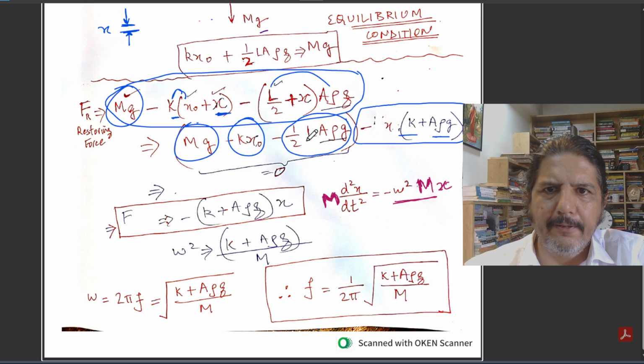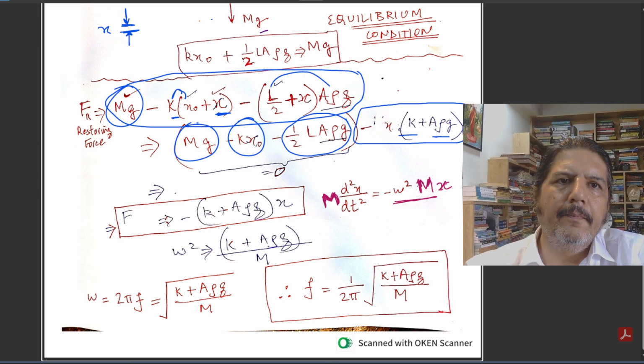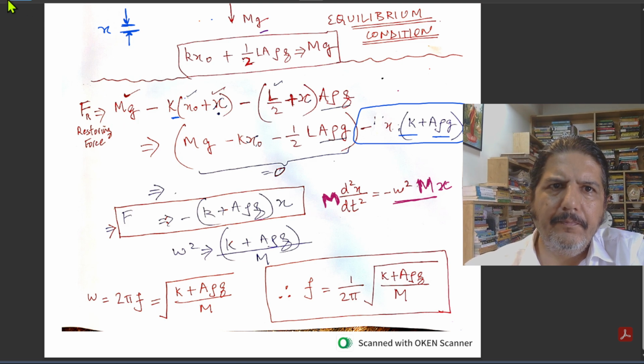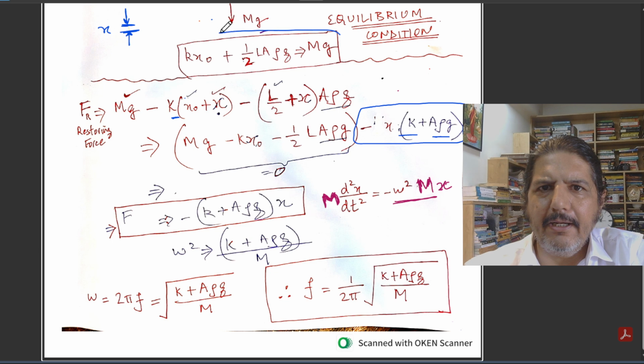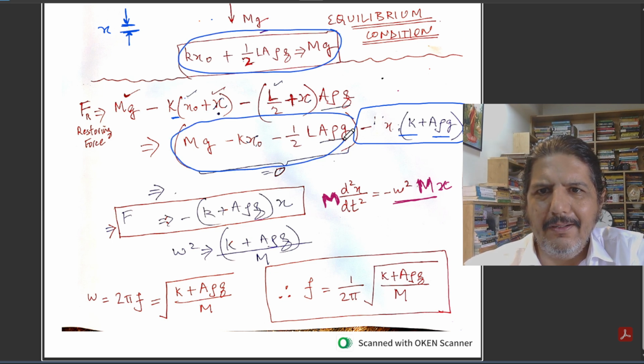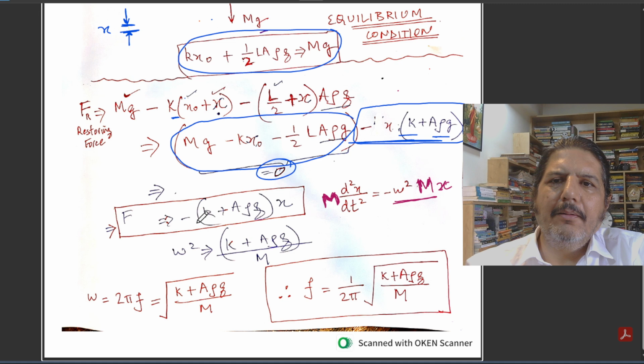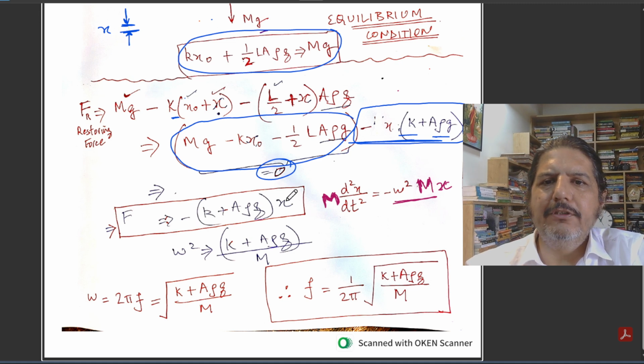I have kept this part separate because, if you look carefully, this whole part becomes 0 and I am just left with minus k plus A rho g, times x.